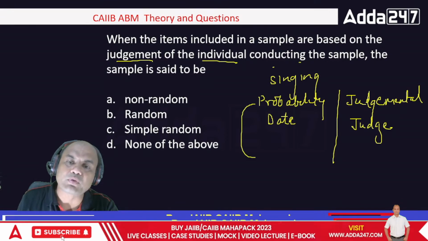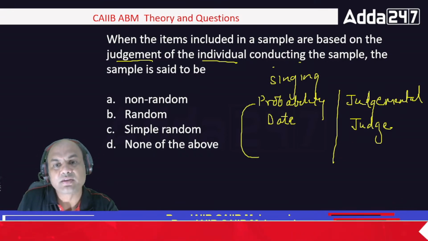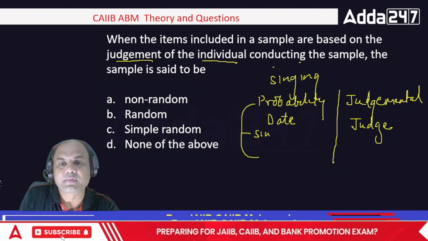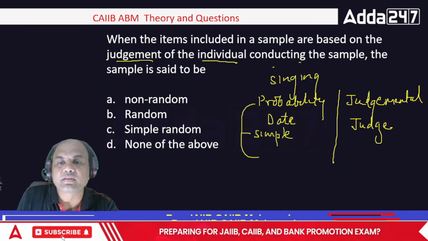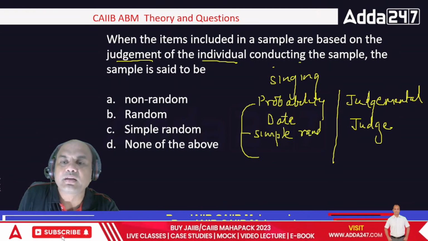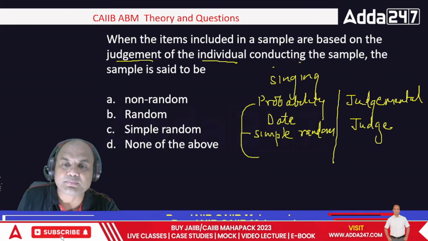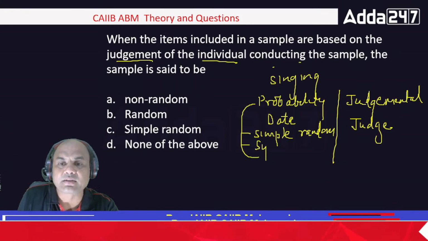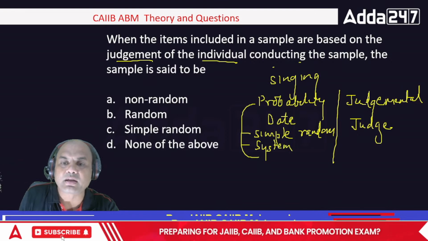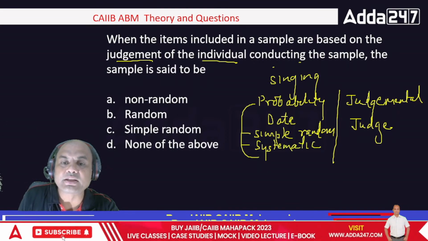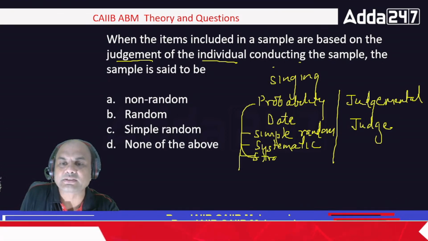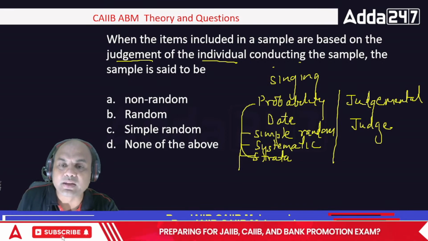Probability sampling is of 4 types. One is simple random. The second is systematic. Third one is stratified, strata. And fourth one is known as cluster.